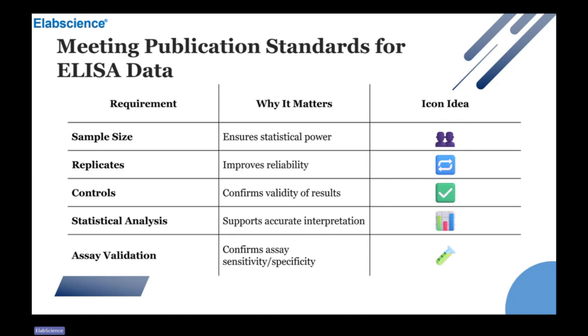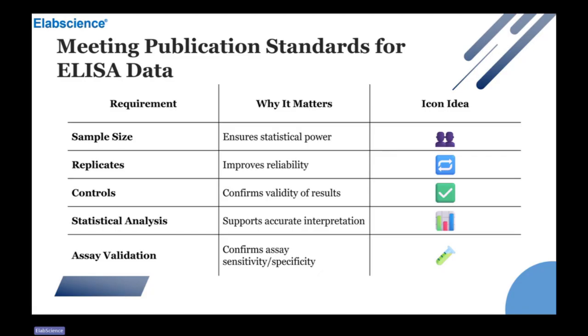So to conclude this section, a successful ELISA experiment begins with a strong research question and a clear assay design. Choosing the right format and including proper controls build confidence in the results. Using both biological and technical replicates allows us to separate true biological variation from the experimental noise. Proper handling of serum, plasma, and other samples protects the sample integrity.